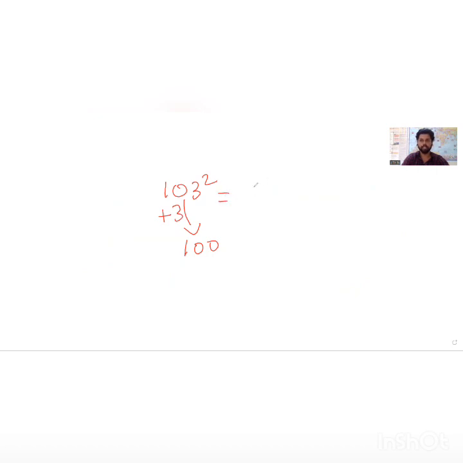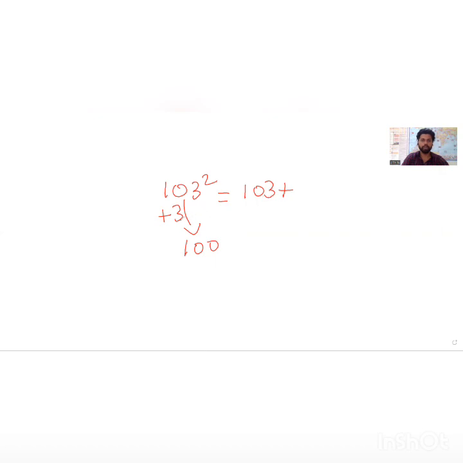So our first step is similar to the previous question. First step is write the number 103 itself. Then since this 103 is greater than 100, we need to add. In the previous case, we subtracted because that number 97 or 96 is less than 100. Here 103 is greater than 100, so we need to add the difference with that number.